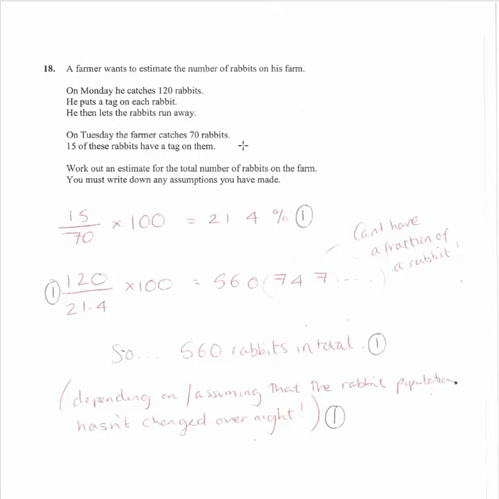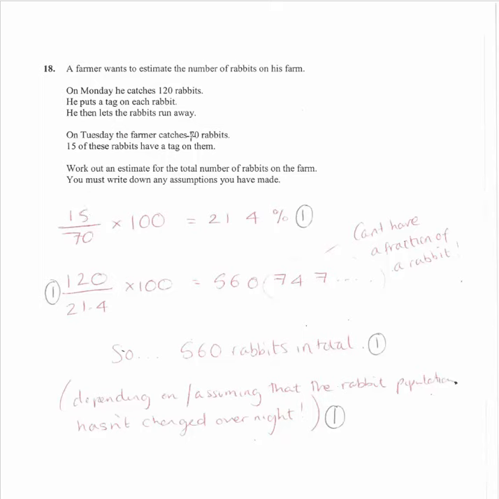So, what you've got here is, when he went out and looked at these rabbits once again, he caught 70 of them, and 15 out of 70 had a tag on them. So what you're going to assume is that that fraction is the same for the whole population. The reasoning here is this.